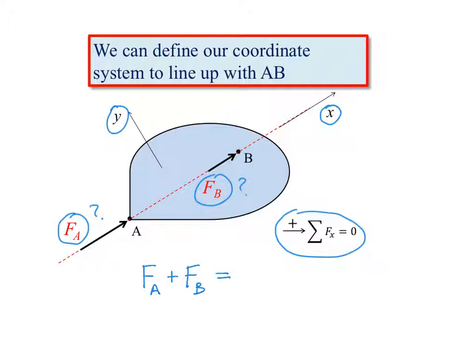And for equilibrium in that direction, those two have to sum to be equal to 0. And so what we find is that Fa has to be equal to minus Fb. And so what we see is that the magnitudes of these two forces would have to be the same, and they would have to have opposite sense. So the forces at A and B have to be equal in magnitude and opposite in sense.